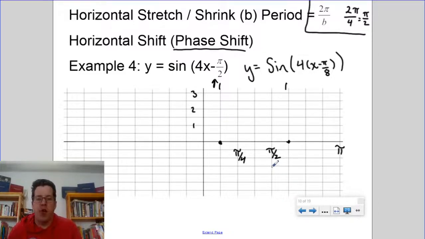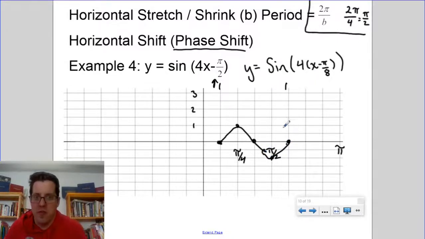Whenever we figure that out, we're going to break our period into 4, which is convenient because this happens to already be broken into 4. And then starting at that initial point, we're just going to do our sine parent function pattern, which is middle, high, middle, low, middle. So one period of our function looks like this.